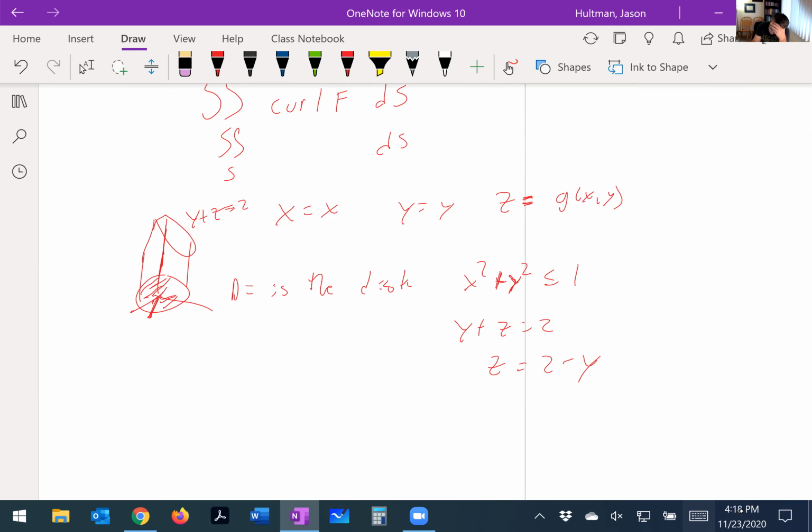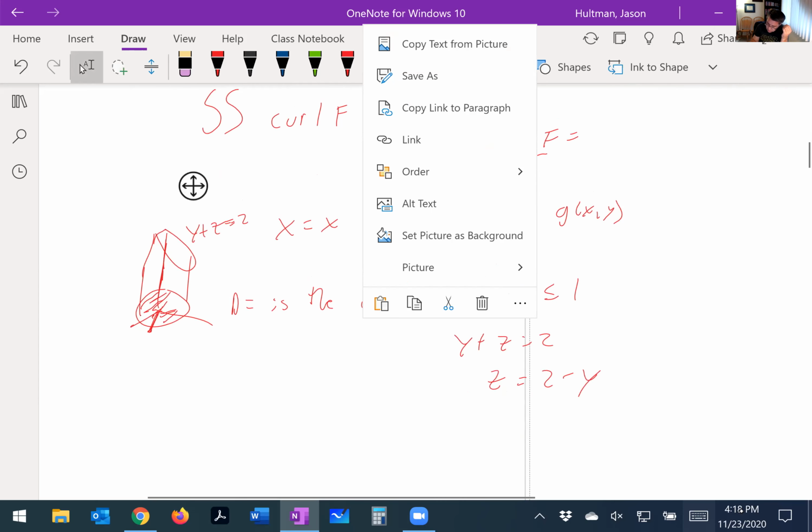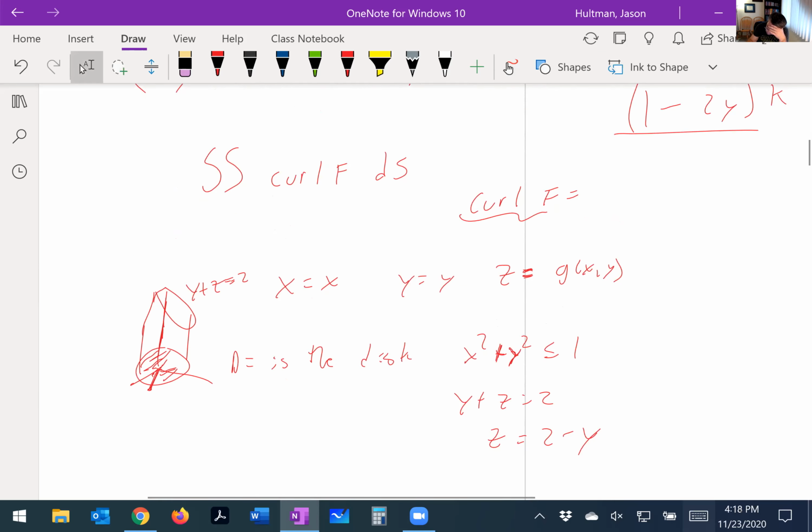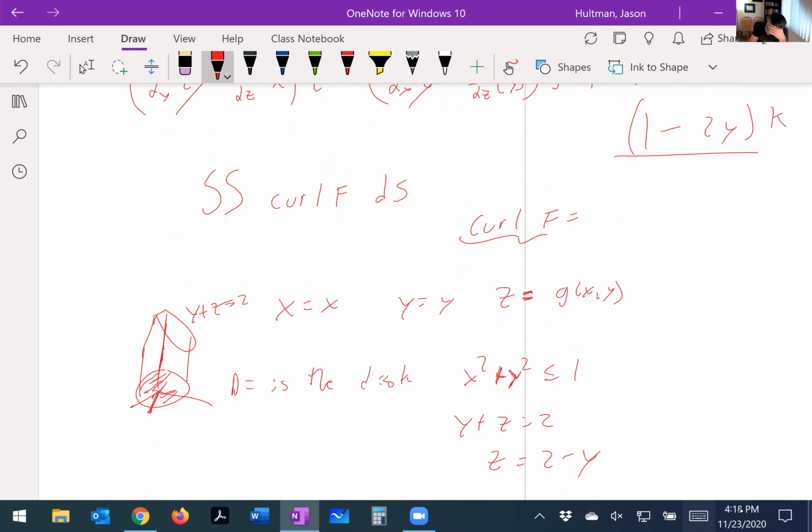So we have, let's just write it like this. You have to keep in mind that this is the curl of F. It's not F itself. It's the curl of F that we're looking for. So the curl of F is equal to 1 minus 2y k.